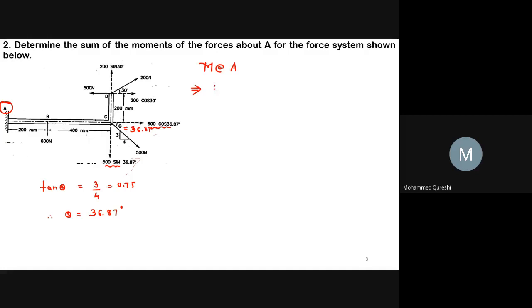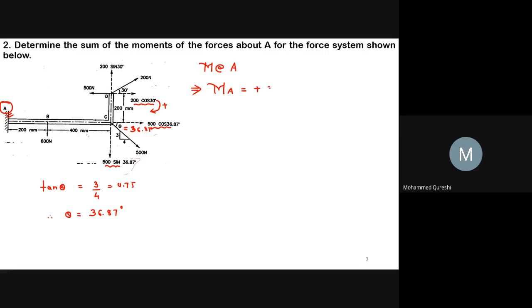So we will write here MA equals to, we will go first for 200 cos 30. This is our one force. We have to consider the moment with respect to point A. Hence this force will move in this direction towards point A. So I will write here, this is your clockwise direction, hence it will be taken as positive.